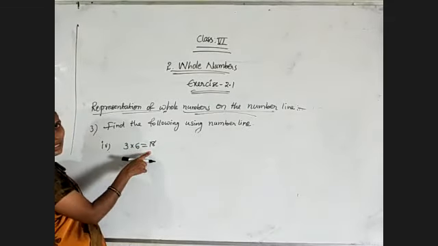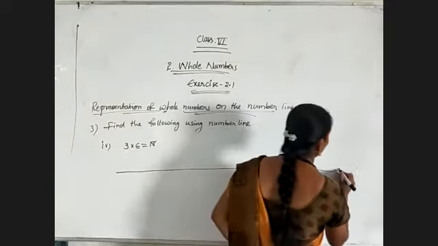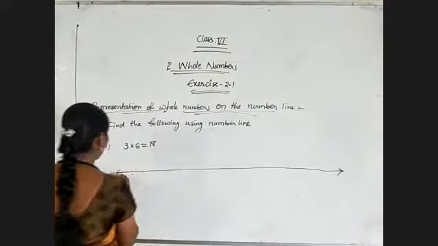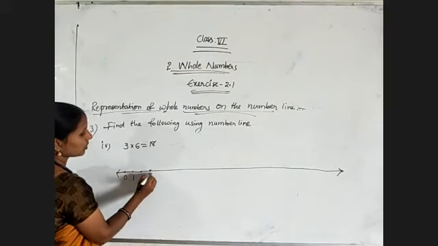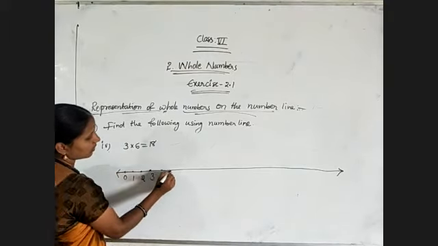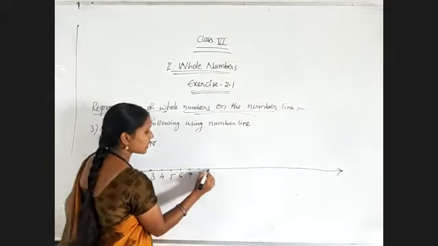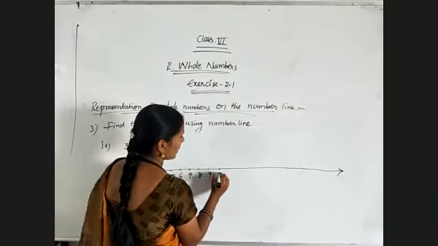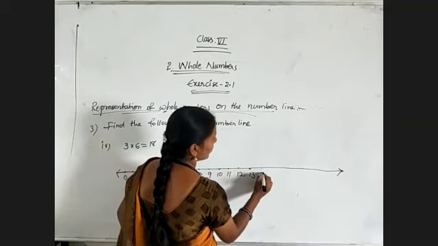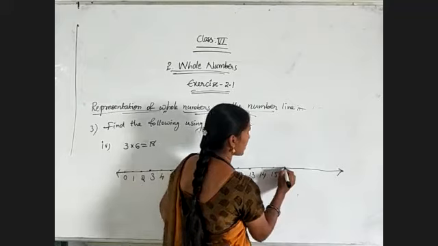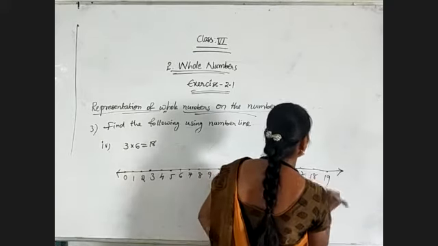So whether we will get this number or not, we will check with the number line. 0, 1, 2, 3, 4, 5, 6, 7, 8, 9, 10, 11, 12, 13, 14, 15, 16, 17, 18, 19.